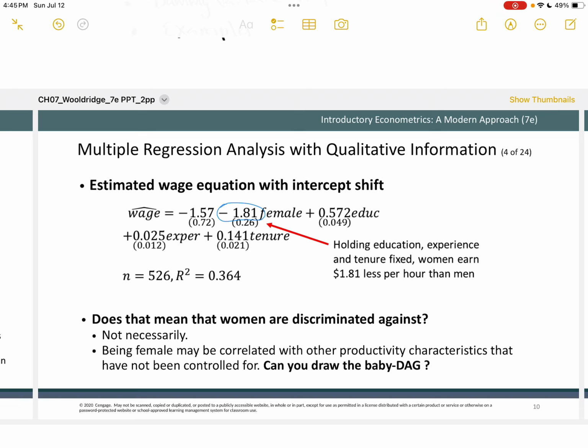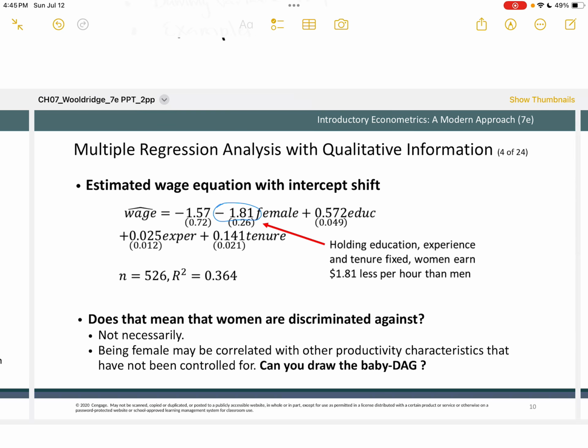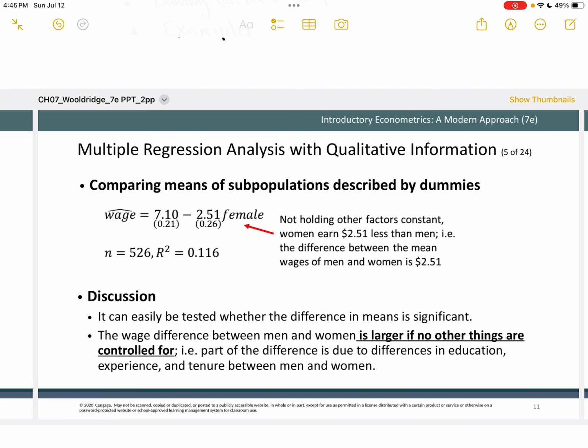Now, this negative $1.81, does that mean women are being discriminated against? Well, let's go to the next slide for a minute, and I'll talk more about that. Assuming you do not include any other factor such as experience, like we had here. We had experience and we had tenure and education.